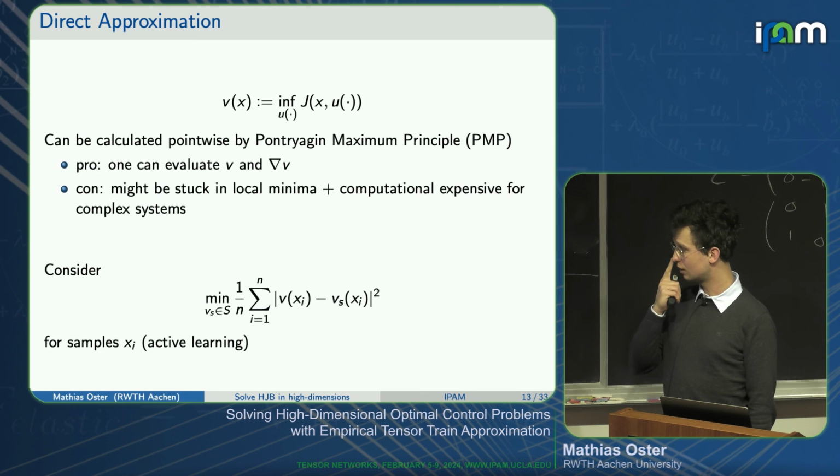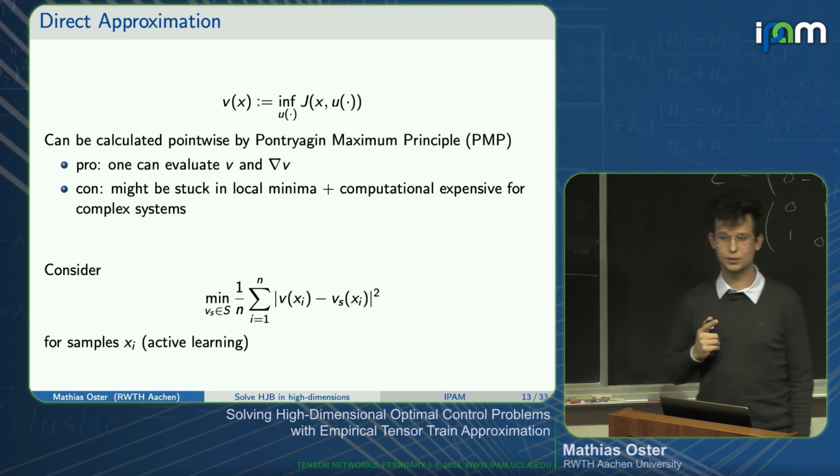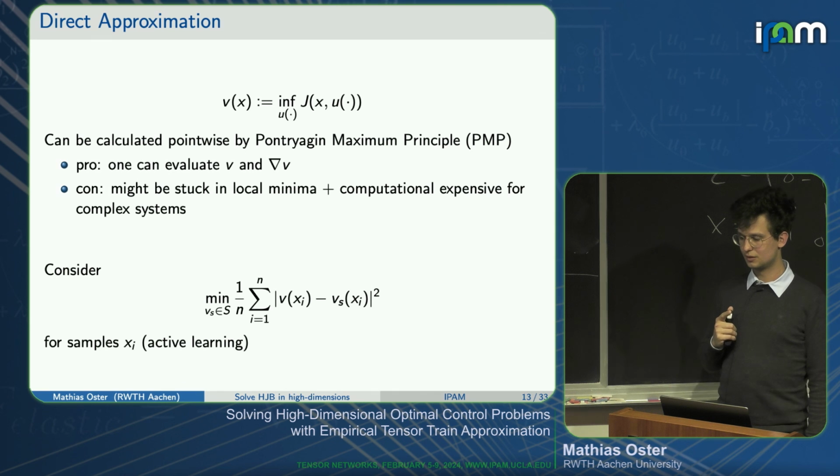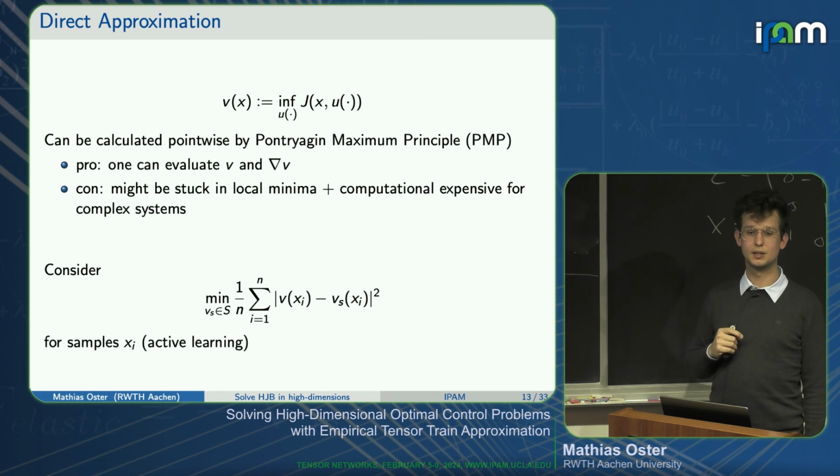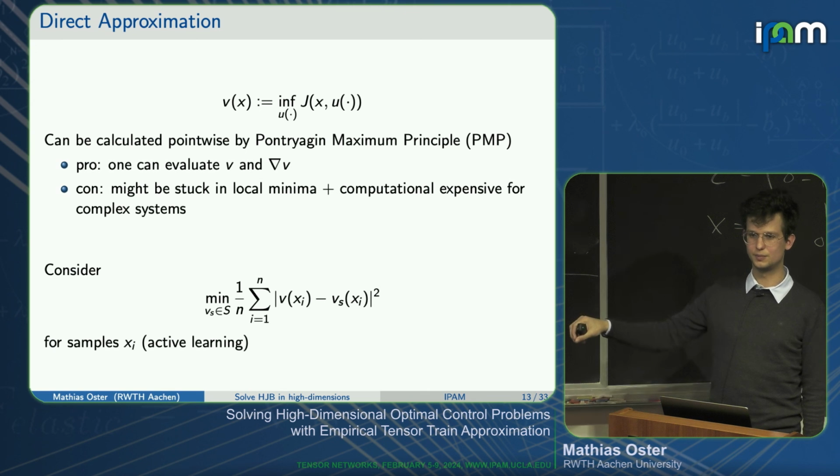One thing I would like to mention here at this point is that there's a really big difference between using data-driven methods in scientific computing and using data-driven methods in the standard machine learning setting of image recognition or something in this direction. We can usually generate new samples, and we can place the samples very strategically.